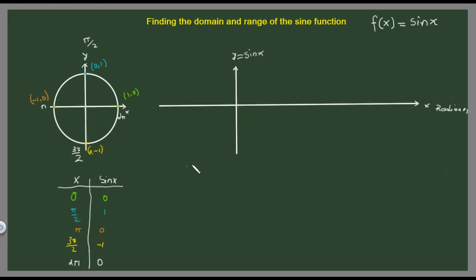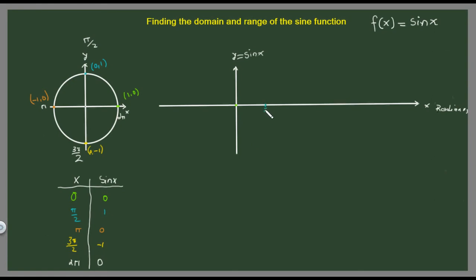Let us just represent it on an xy coordinate system. This is exactly what we'll be describing here. We started here at 0. Then we went to pi over 2, could be somewhere here.